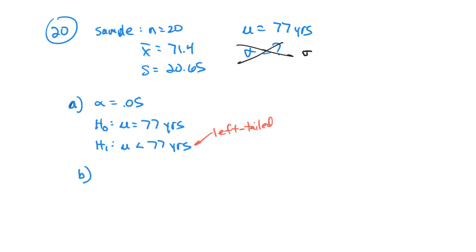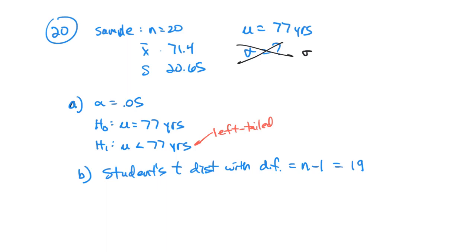Okay, well, we are going to use student's t distribution with degrees of freedom. If you remember from chapter 7, degrees of freedom of student's t is always n minus 1, which will be 19 in this case, because the sample size was 20. So degrees of freedom is 19.